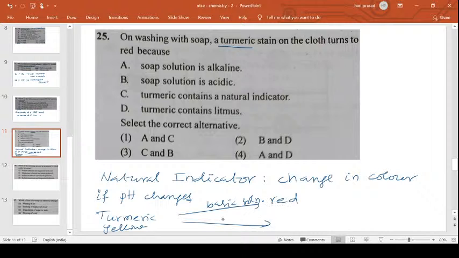But in acidic solution, it remains yellow color. So turmeric is a natural indicator in the sense it will indicate about a medium by showing change in color. Okay, so in basic medium like this, in acidic medium like this. Next question.